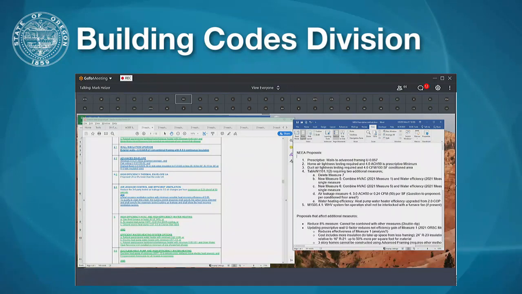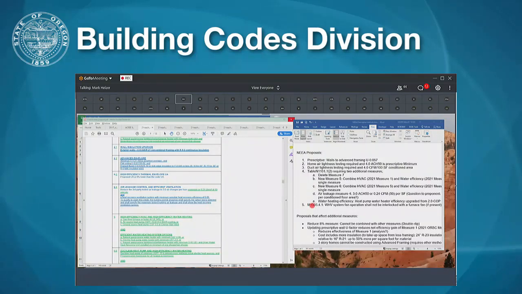Also, one other piece that we'll note for all of these is that if we do go to multiple measures, when we get to the 8% above code option, we will have to work on something that would note that it would not be in combination with any of the other upgrades, so as to not have a double dip on those pieces.